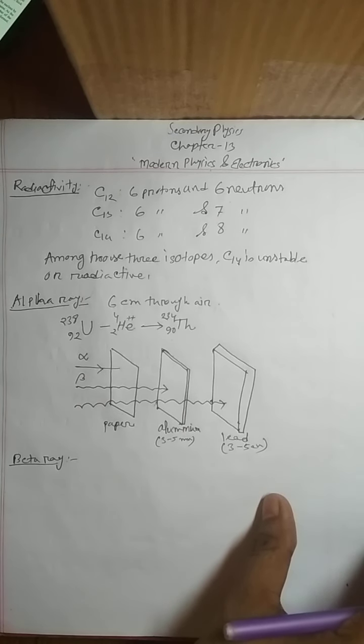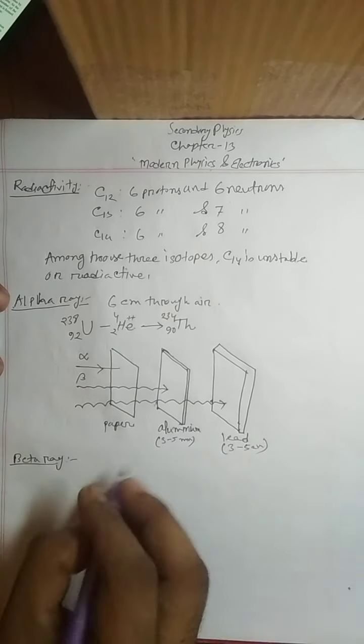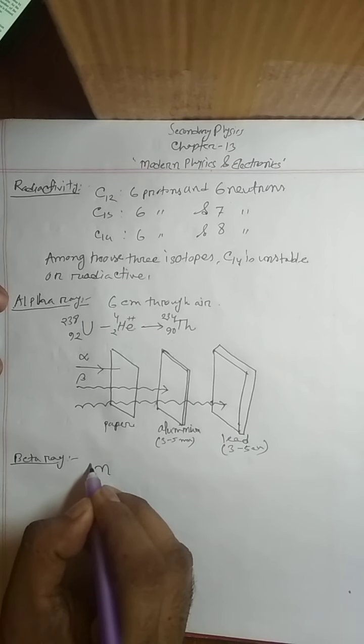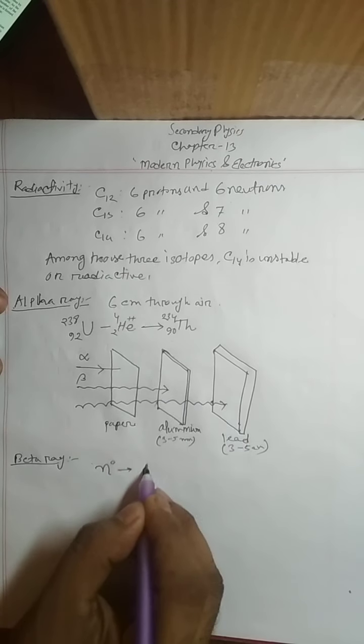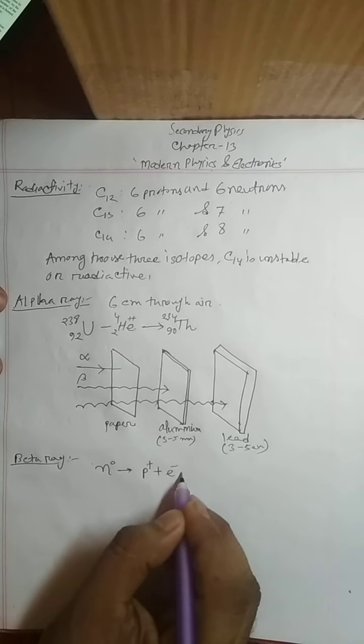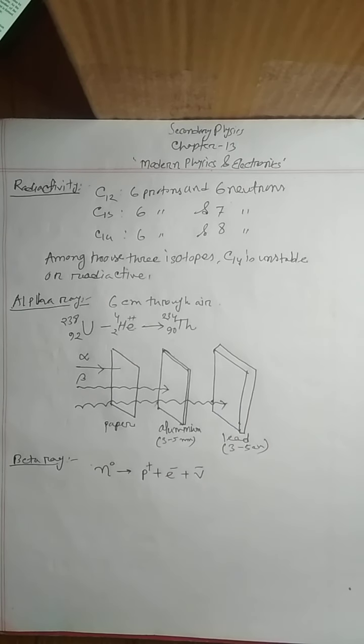For that, inside the nucleus a neutron is converted into a proton and an electron. This is an antineutrino. A chargeless neutron is converting into a positive charge proton and a negative charge electron, so that the total amount of charge remains unchanged.